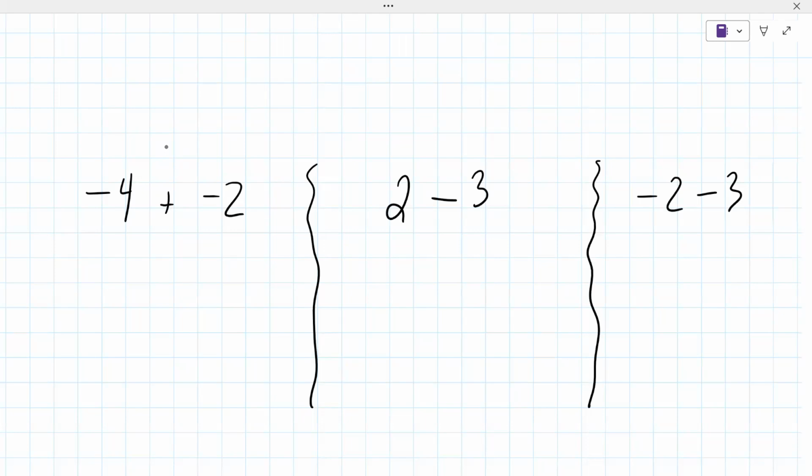Okay, the first one would be -6, and then +1 for the middle one, and then -5.